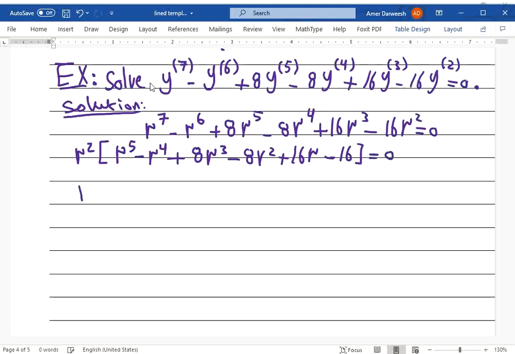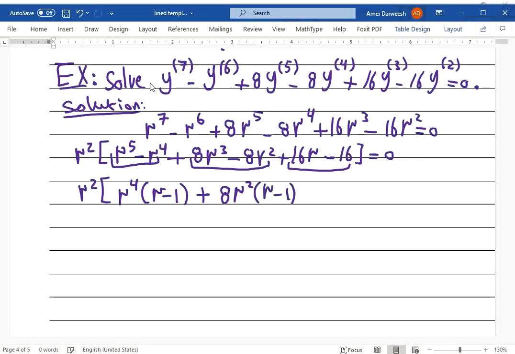Now I will collect terms, every two terms together. So this term with this term, and these two terms, I'm going to take the factor. For the first, r to the power 4, and the rest is r minus 1. The second term, I'm going to take a factor 8r squared, the rest is r minus 1.